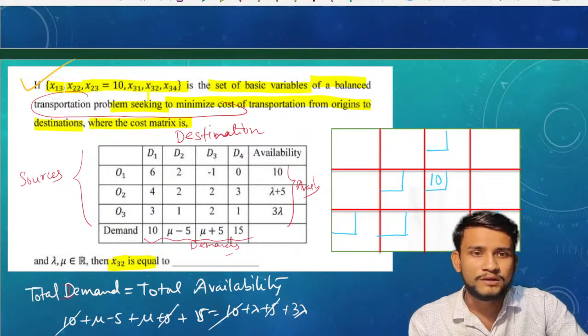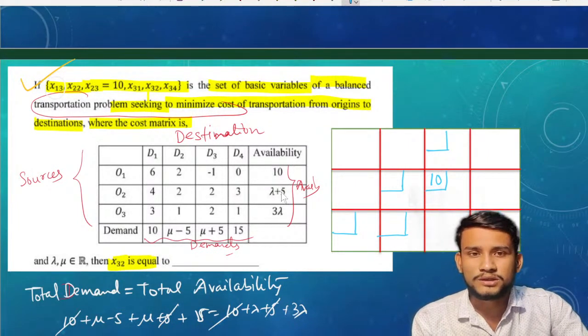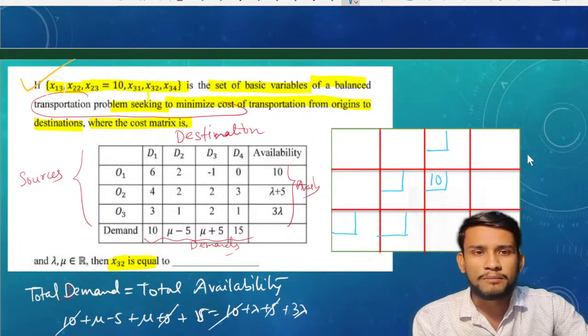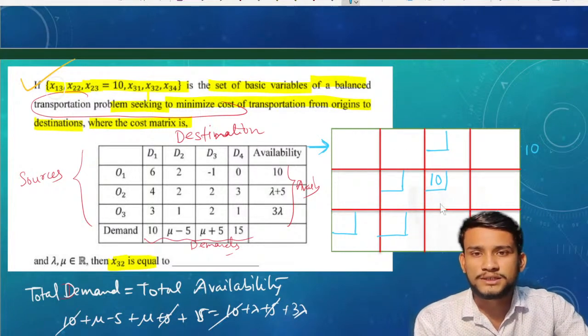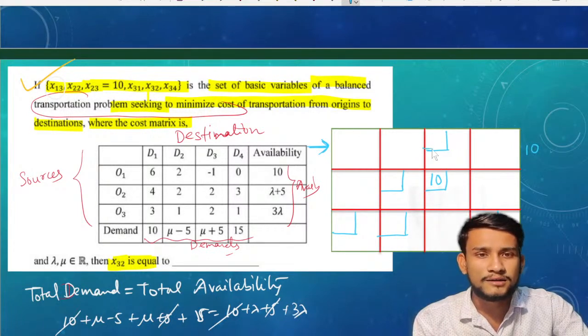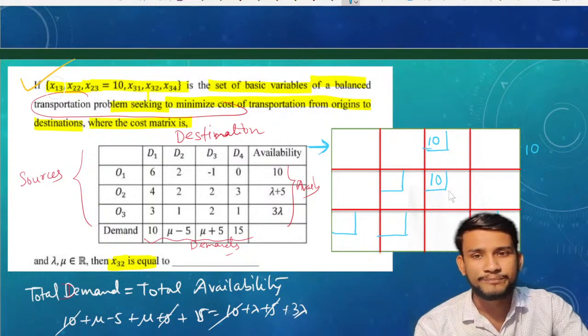Here the availability is only 10, and there is only one allocation in this row, so the complete availability goes to this cell. So this is 10.